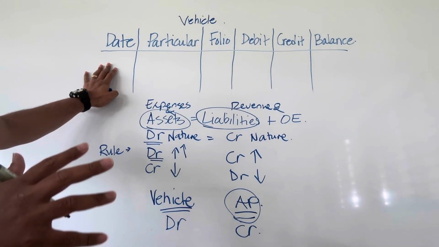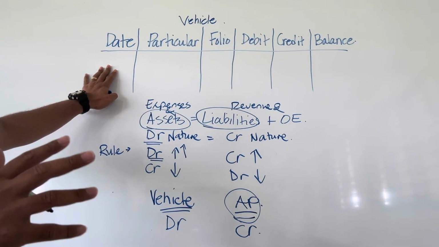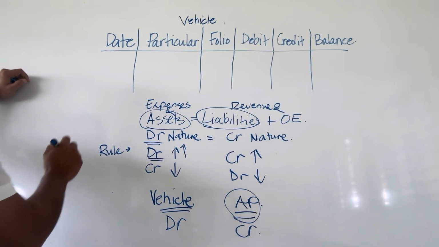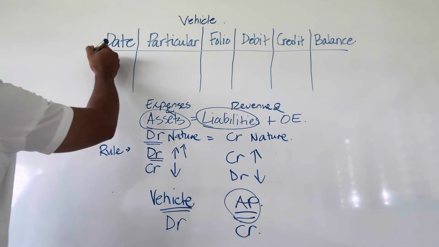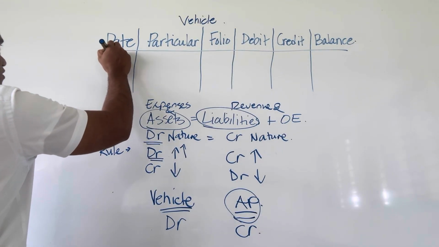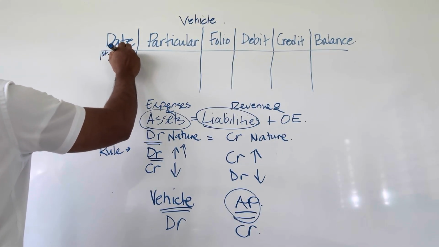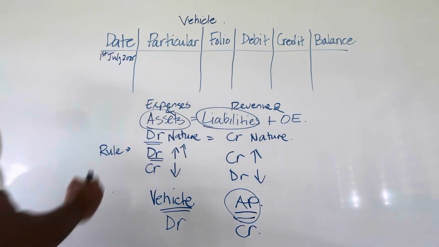Let's say this transaction occurred on the 1st of July 2025. So on the ledger, the date is the 1st of July 2025.